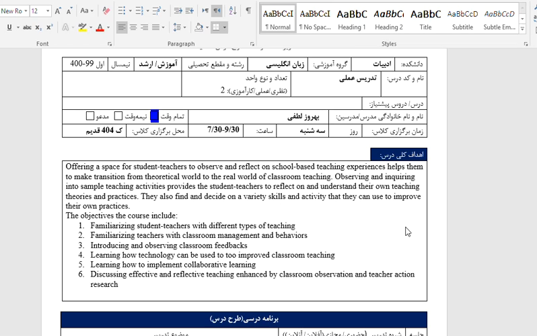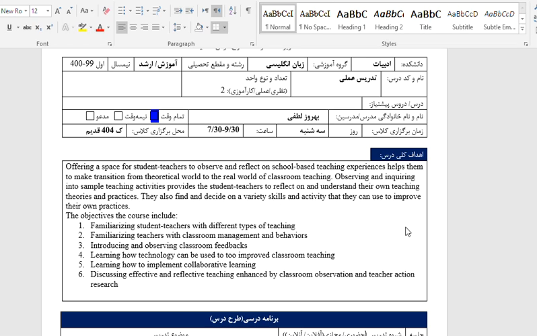If you remember, in the previous semester, in the first semester, in the course Principles and Methods of Language Teaching, I classified language teaching methods into two classes: brand name methods, or popular and well-known methods, which I said are outdated.